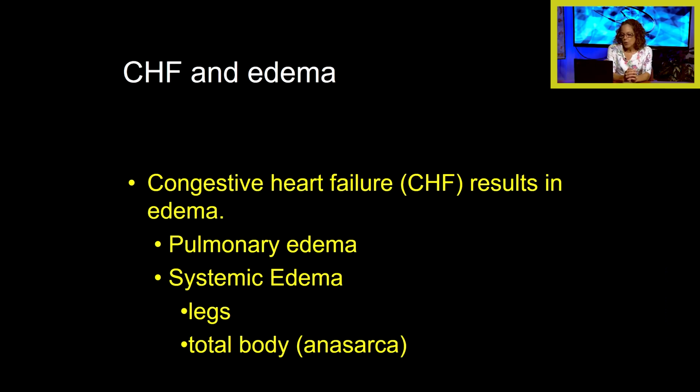We can get pulmonary edema, which would be fluid in the lungs, but we can also have systemic edema, which would be edema in the legs. We often will see it in the lower extremities or in the body total. And this total body edema is called anasarca.